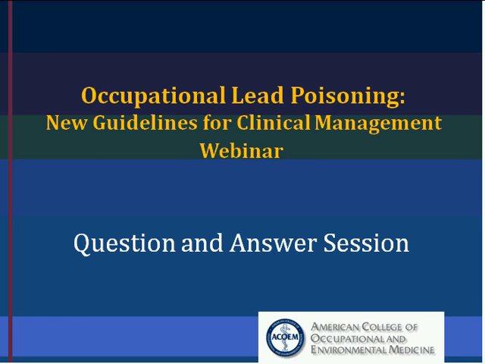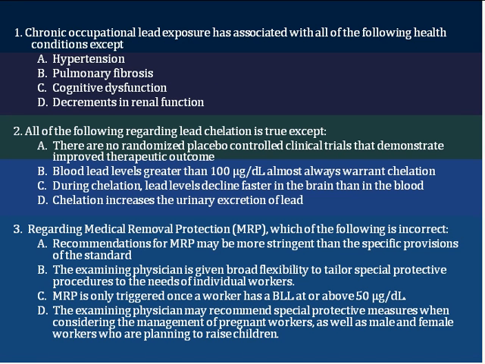So now we move on to our question and answer session, and we will just fairly quickly run through these questions, and you should be thinking about your answers, and then we'll move on to your questions.